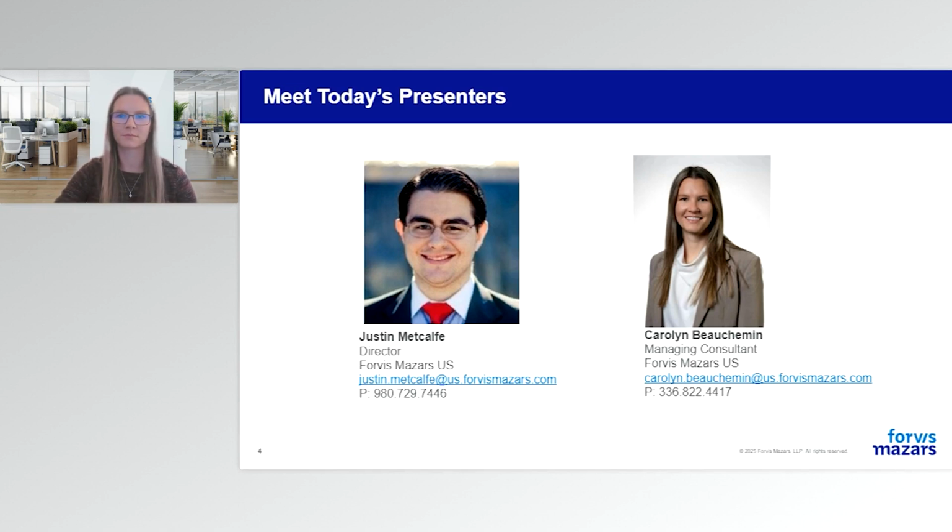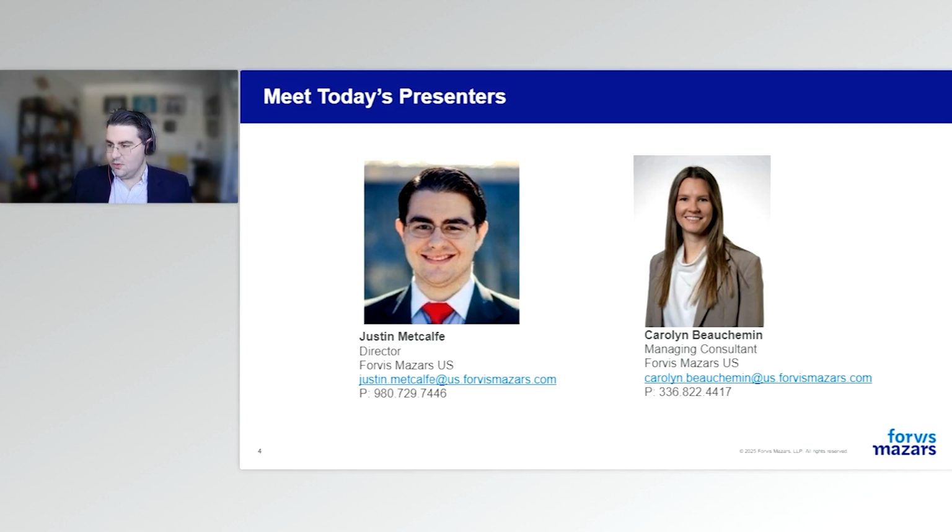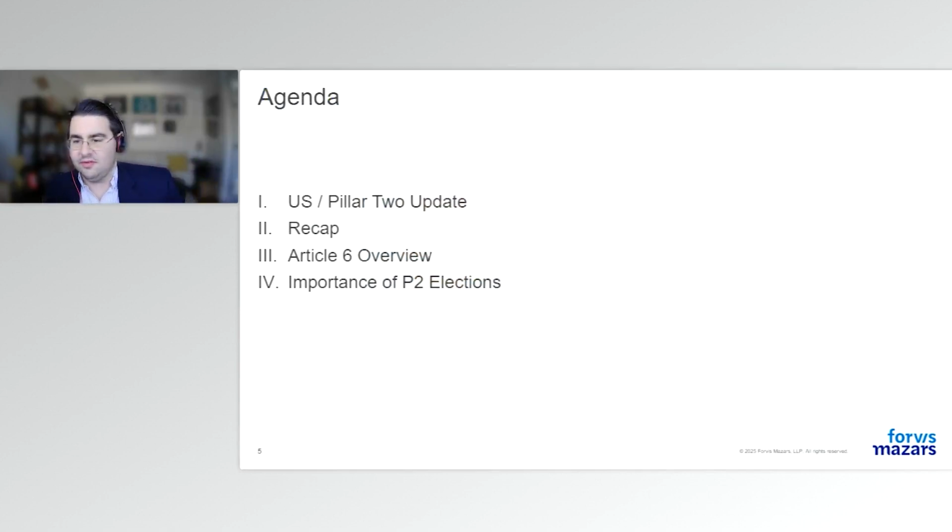Today we're going to talk about a number of things. So we have an agenda here, and last week there was quite a bit on the Pillar 2 front, given the new U.S. presidential administration that came in, and for a lot of people there was a lot of news that popped up about what the course for the U.S. is.